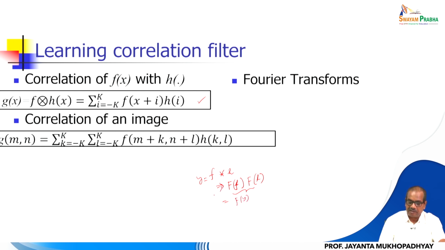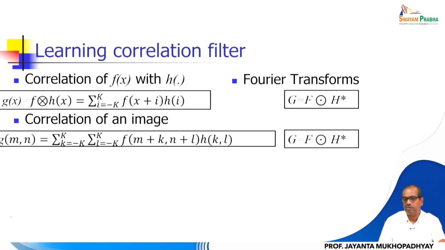But in a correlation filter, you take the complex conjugate of that. If it is a correlation, then you take the complex conjugate. That is the difference, because, as I mentioned, the temporal inversions are related, and it can be shown very well.